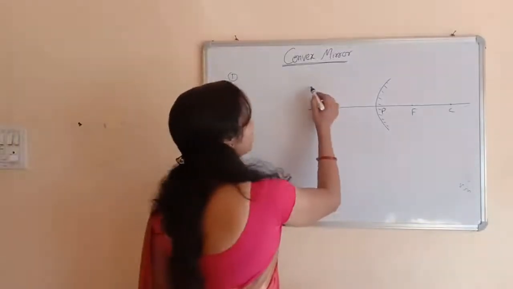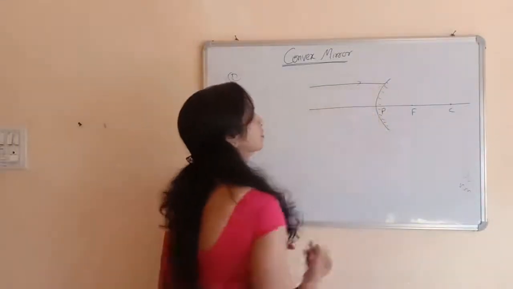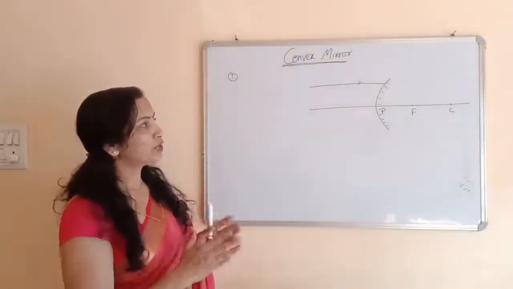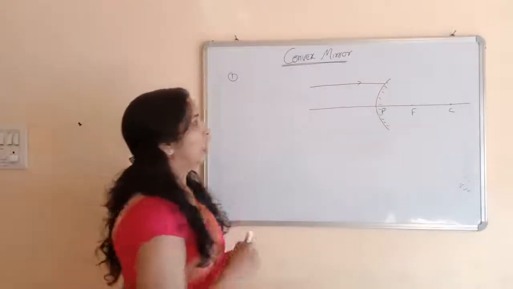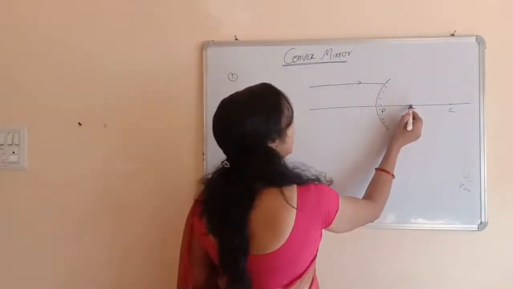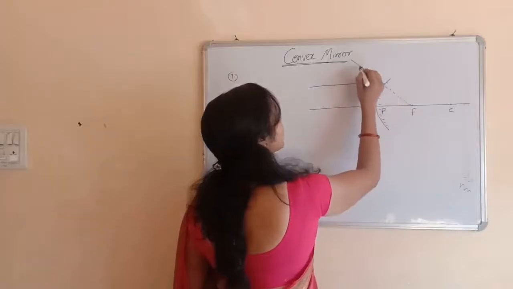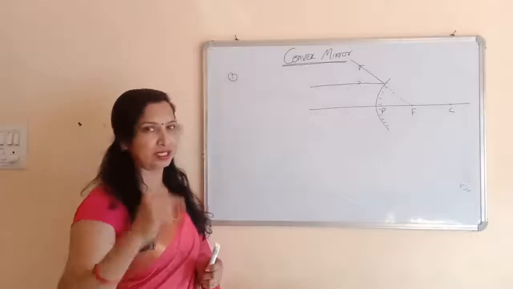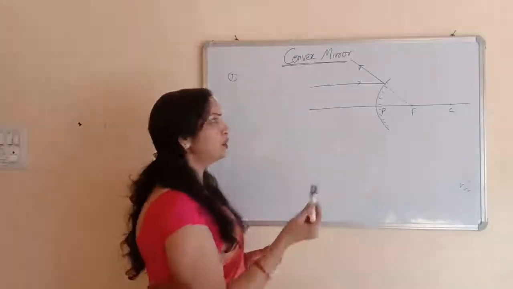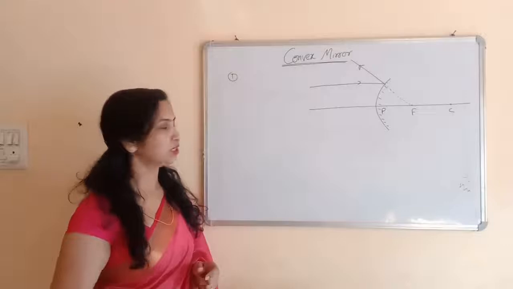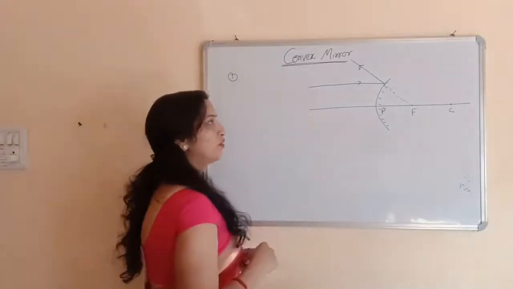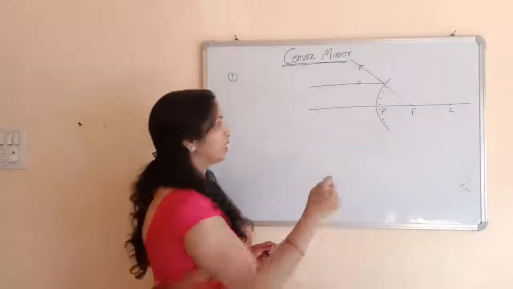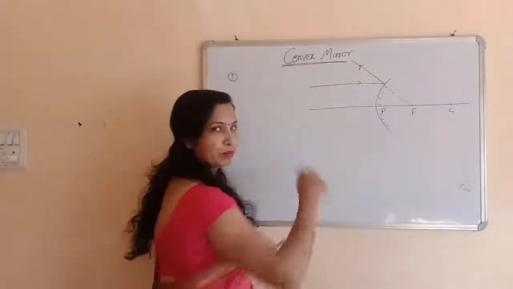The light ray which is coming parallel to the principal axis, when it strikes the mirror, reflects and appears to diverge from the focus like this. It looks as if it has scattered from the focus point. That's why this mirror is called the diverging mirror. So the first rule is: the ray coming parallel to the principal axis, after reflection from the mirror, appears to diverge from the focus of the mirror.